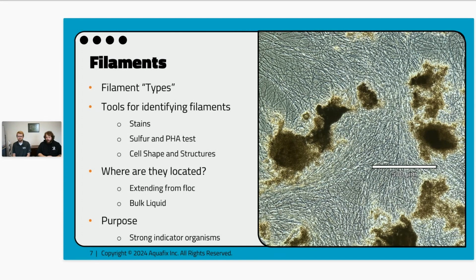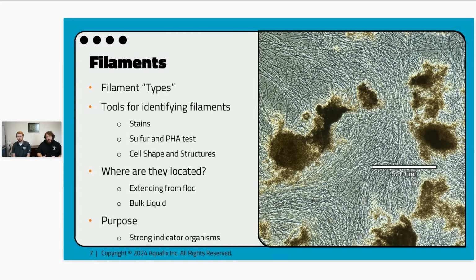You can see how those solids pop really hard compared to a bright field image. This is a zoomed out phase contrast image, but what we can do, and you'll see some pictures of this in the coming slides, is see cell shape, cell septa, and general cell size within filaments, and we can use some of those tools to identify filaments.